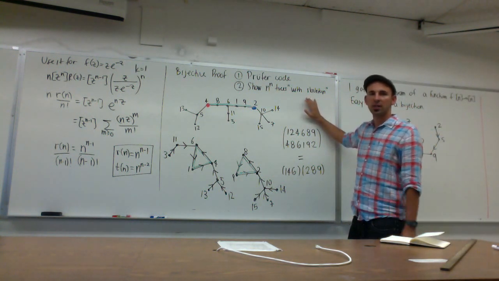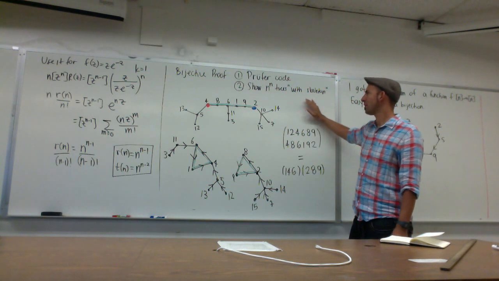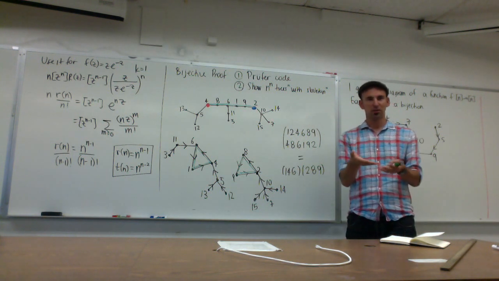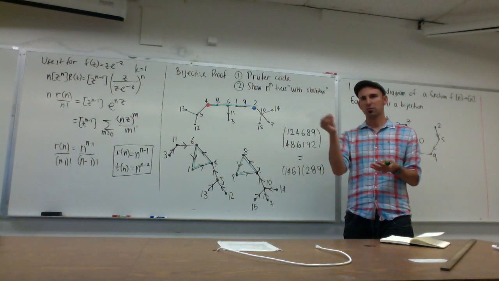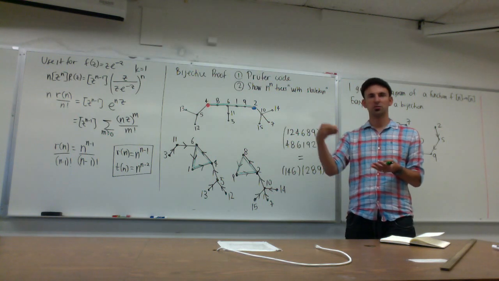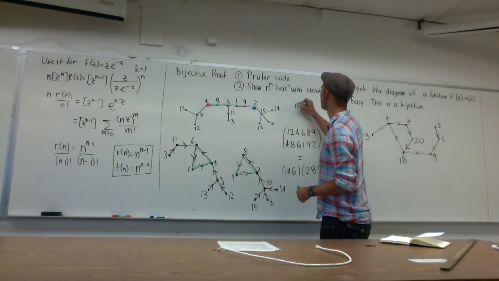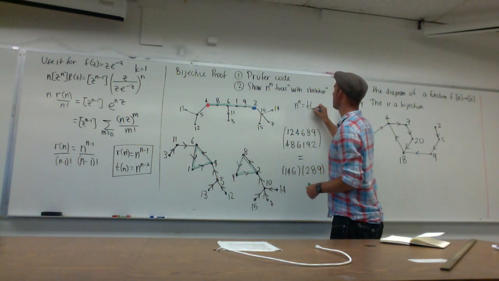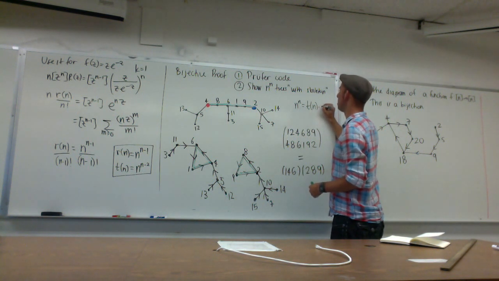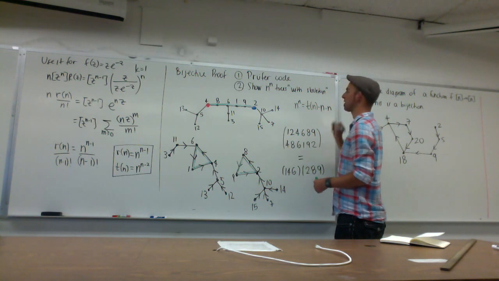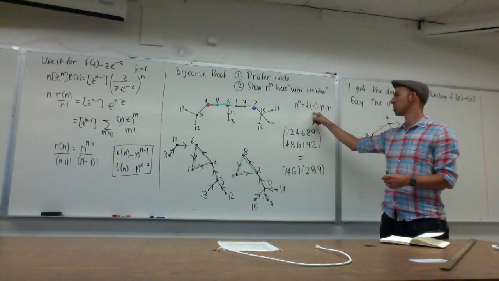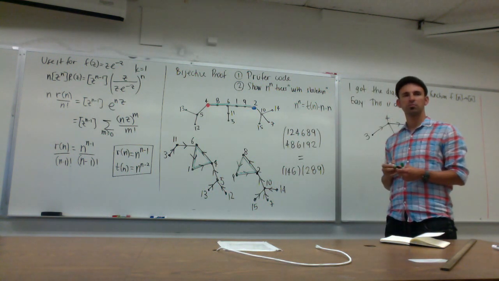But then I make the argument that a tree with skeleton is a tree with 2 extra vertices, and I have n ways of choosing this one, n ways of choosing that one. So I get that n to the n is equal to choosing a tree, choosing the blue vertex, and choosing the red vertex. And therefore T of n is n to the n minus 2.